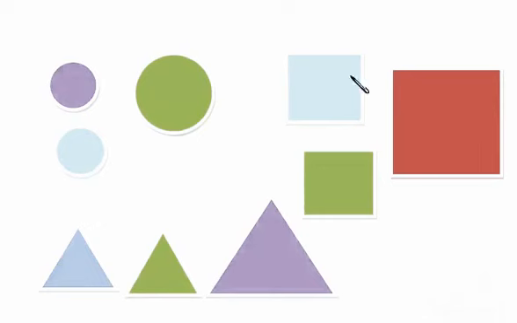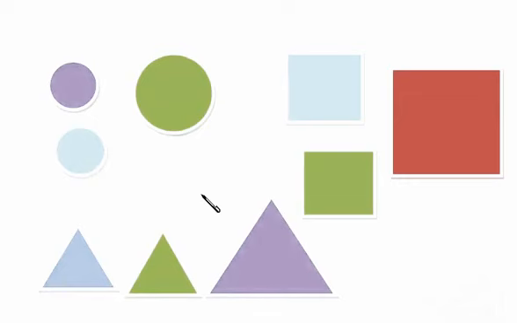Their shape is the same but size is not the same. Similarly, we can talk about these triangles. These two triangles are congruent because their shape and size are both the same. But for these two, the shape is the same but the size is not. That means these two triangles are similar triangles.